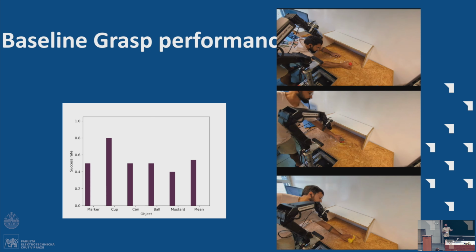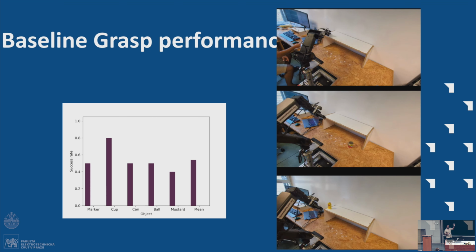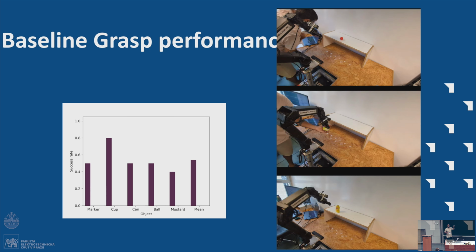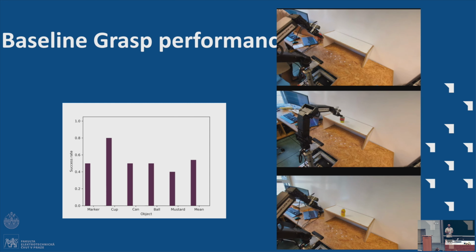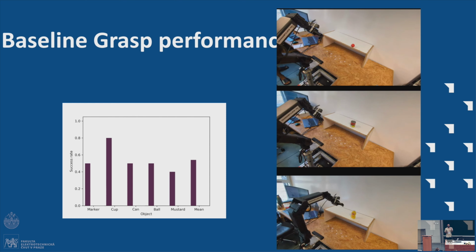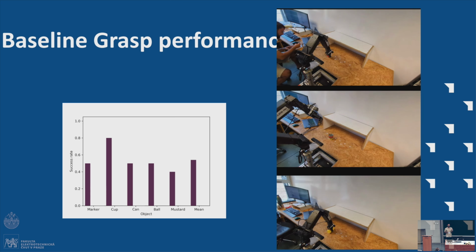But if you watch closely, we are measuring success rate, so if it has to pick the object and bring it back, and it falls or whatever, we say that's not good enough. For the ball, for example, just a few millimeters of error and you can't pick it. Or for the can, the same thing, because it's very heavy. So this is not a bad pipeline inherently, but small errors cause big mistakes.